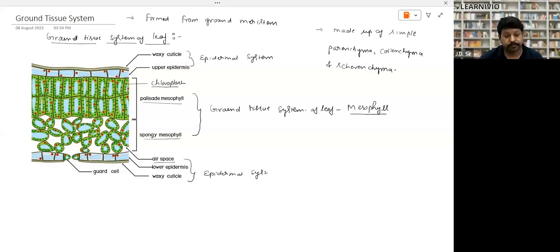Full stop. Mesophyll is made up of two types of photosynthetic cells.